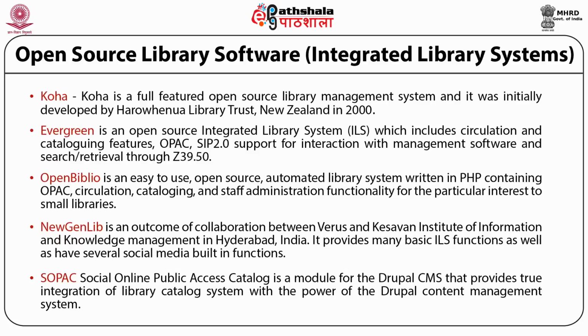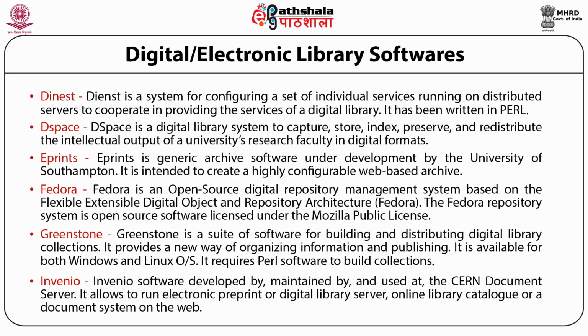Now, for content creation, we need a software. Before going to the software, let me also explain what a digital library software is. The content or publications in a library are generally in physical form, like books, thesis, serials, journals, and any kind of material. That is what is called the collections in a library.